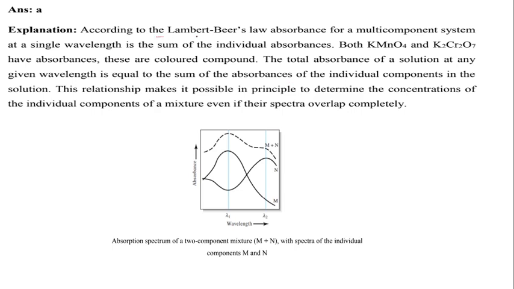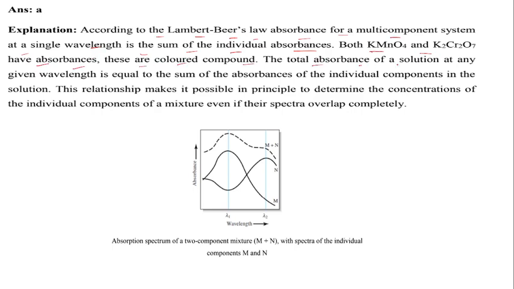According to the Lambert-Beer law, absorbance for a multi-component system at a single wavelength is the sum of individual absorbances. Both KMnO4 and K2Cr2O7 have absorbance. These are colored compounds.